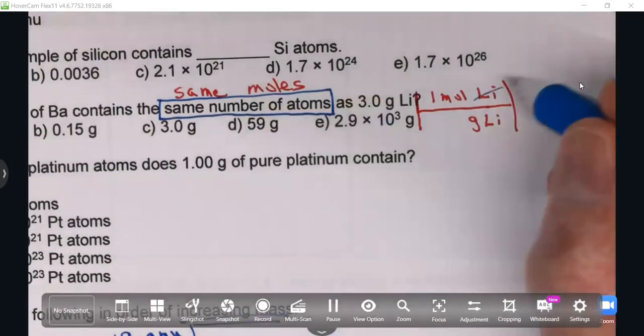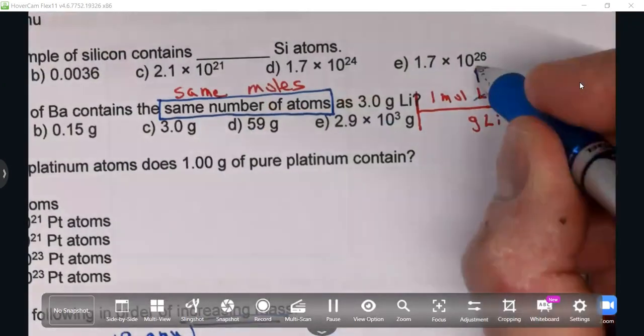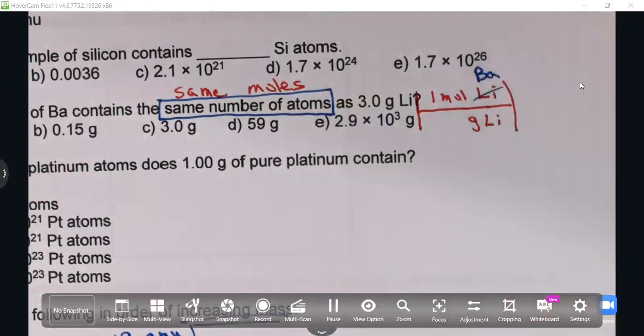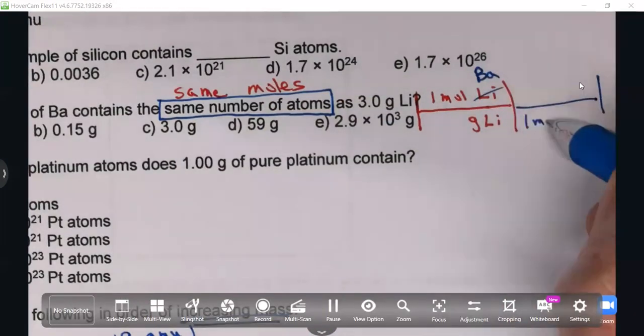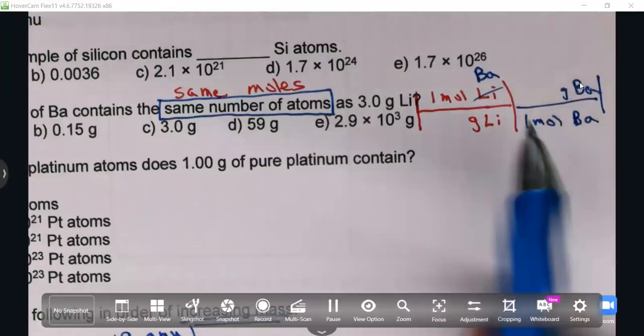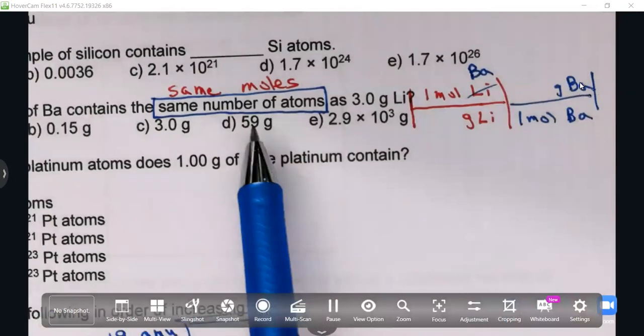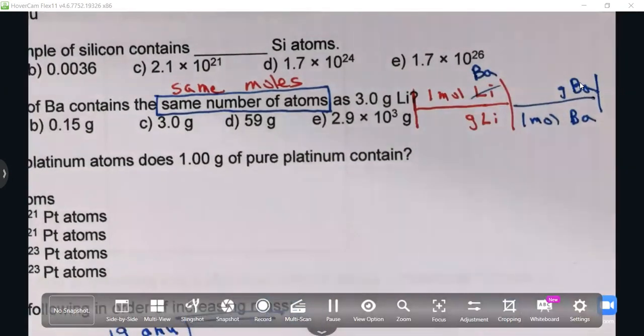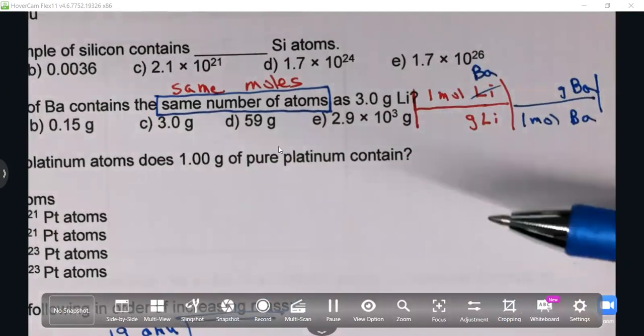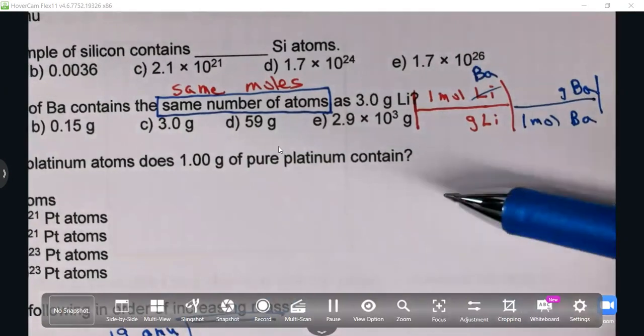Then you can just make this barium. And then you can go 1 mole of barium to grams. We could actually calculate out the atoms again, but we would convert that right back to moles anyway. So the same number of atoms really means the same moles. That should do it for that one. Anything else on this?